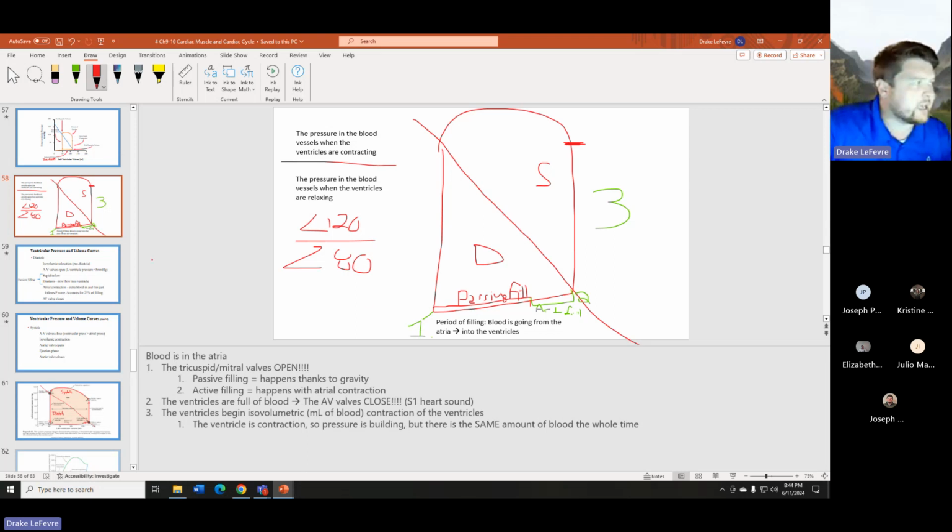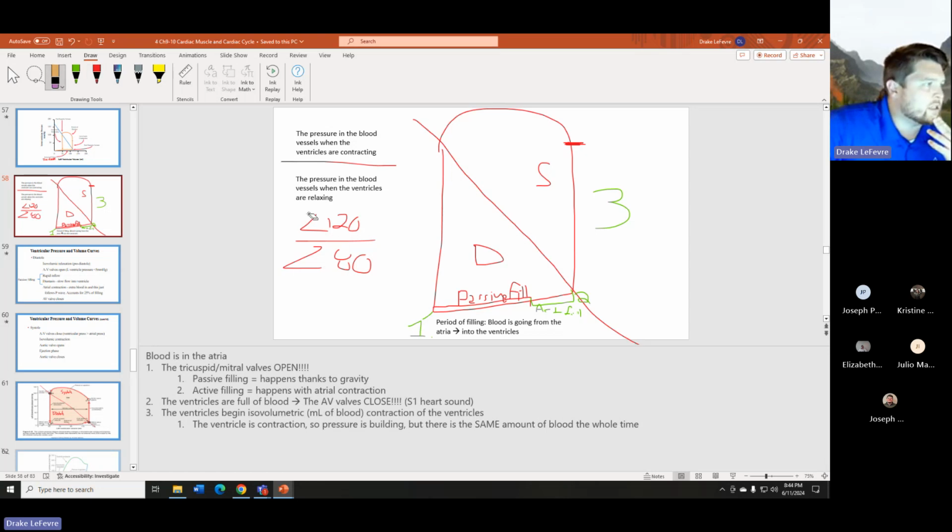Technically, look at what Dr. Tate gives you guys and go with what he gives you. But this is most often what we learn, the 120 over 80. Technically now it's less than 120 and less than 80 that is considered normal, healthy.